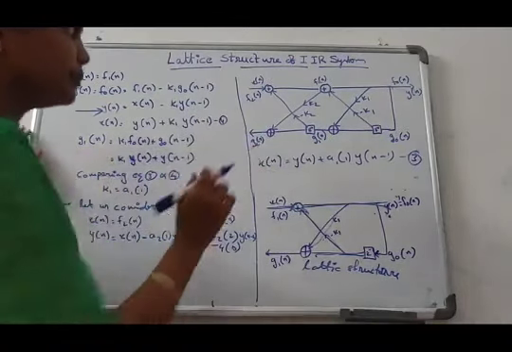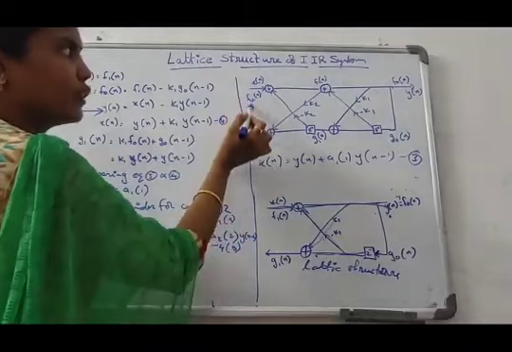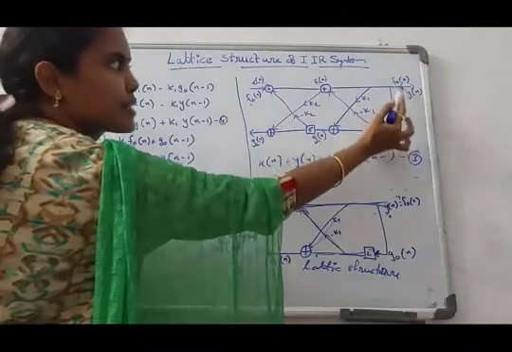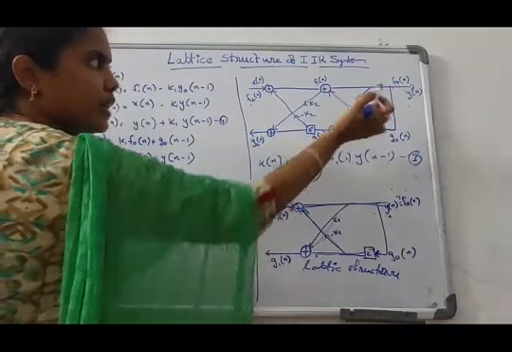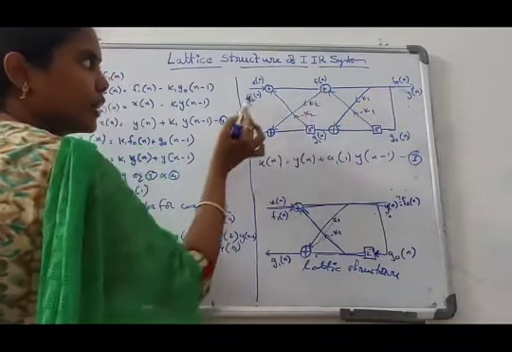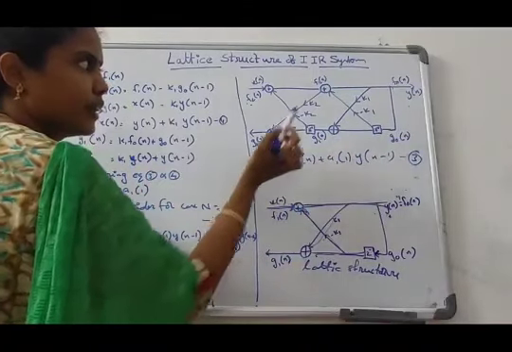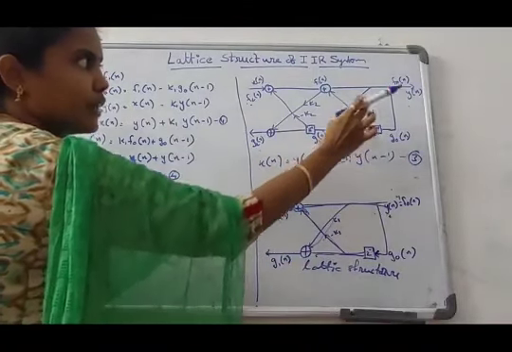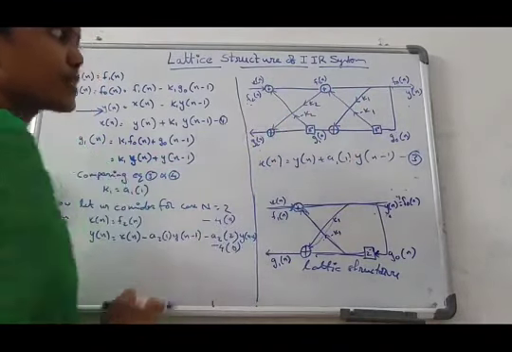Now x of n is equal to f2 of n, y of n is equal to f naught of n. So this is a second order lattice structure, f naught of n, f1 of n and f2 of n, g naught of n, g1 of n and g2 of n. Here the constant for first order is k1, and for second order it is k2 and minus k2.